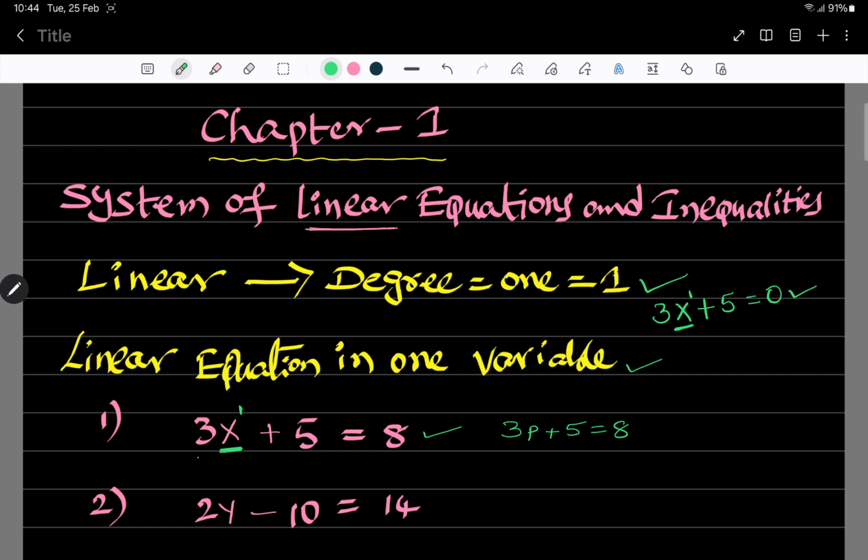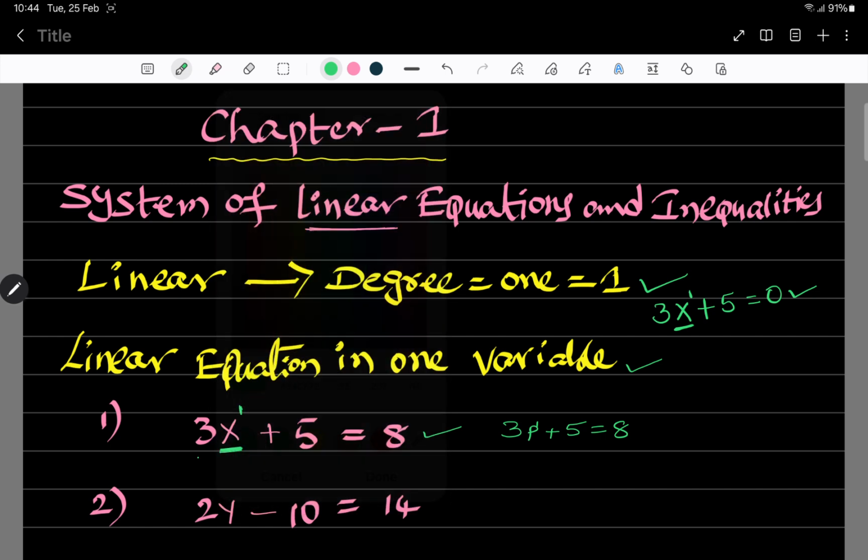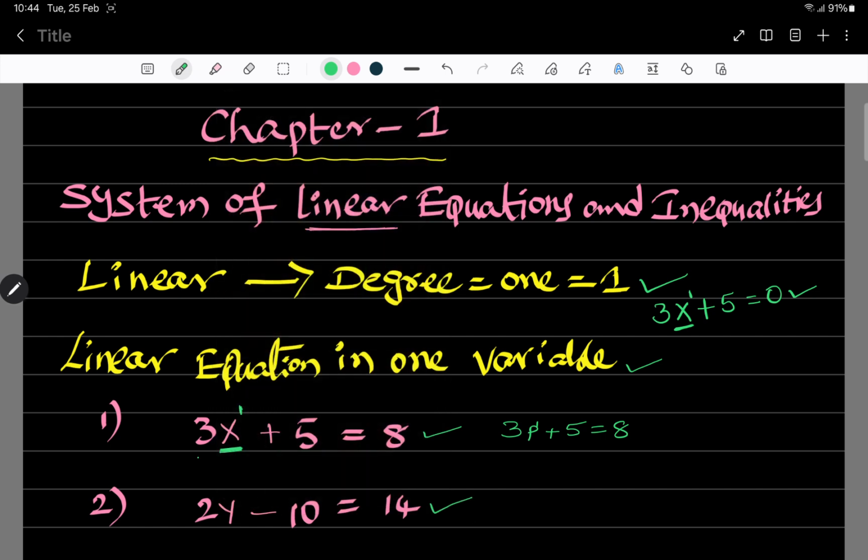This is also one linear equation with one variable whose degree is 1. Another example, 2y minus 10 equal to 14. Here the variable is y whose degree is 1. So this is a linear equation in one variable.